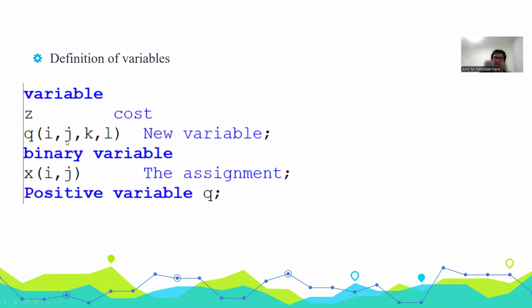This variable is a non-binary variable, and we know that the variable q here is positive, and the variable x is the assignment of the equipments to the factories.